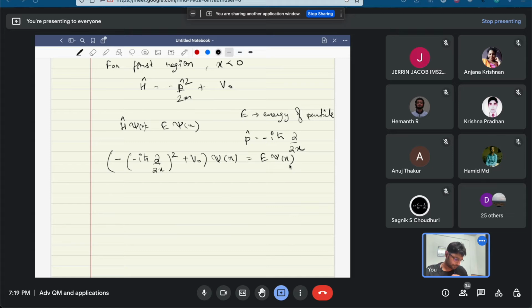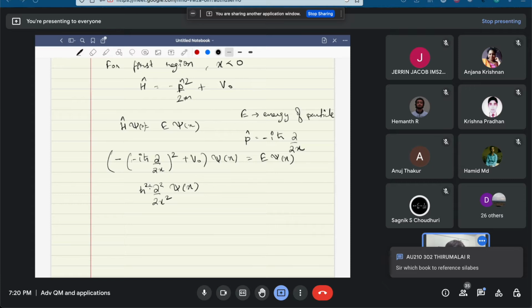People are still coming in, sorry about that. Now if you put all the things together, we have i square, which is essentially minus 1, and this minus does not really matter because minus squared is always a plus. So what we have essentially is a double derivative, and there is h bar square, there is also 2m.